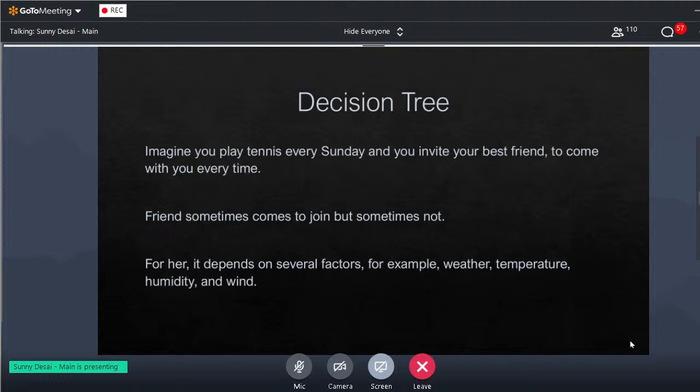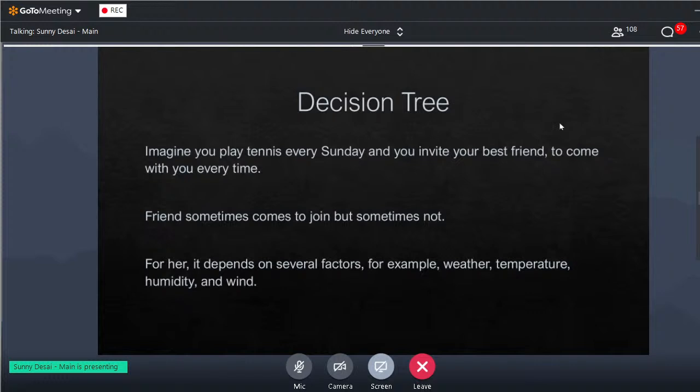So in this case, some of the factors on which your friend's decision depends, we understand, are the weather. Okay, what type of weather is there? It is the temperature. What is the temperature outside? Is it warm? Is it hot? Or is it cool? And then what is the humidity, and also what is the wind? So basically, these are some of the factors that affect one's physical fitness or the way we play tennis.